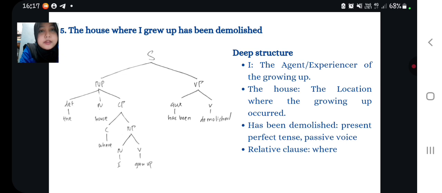They are noun I and verb grew up. And verb phrase, they are auxiliary has been and verb demolished. Deep structure: I, the agent or experiencer of the growing up, and the house, the location where the growing up occurred, has been demolished. Present perfect tense or passive voice, and relative clause where.